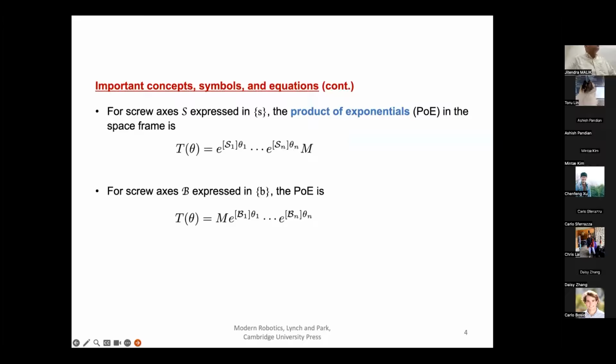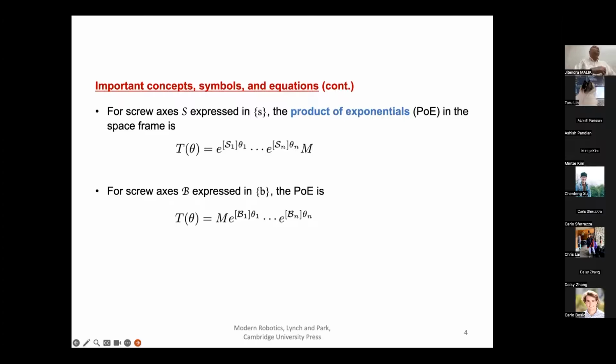S1, S2, and so on are what are called screw axes. The S is for screw. Theta 1 is, for example, the joint angle. And that is essentially telling us how the final frame, the frame of the body, is related to the original frame, the S frame. And this is the basic setup.